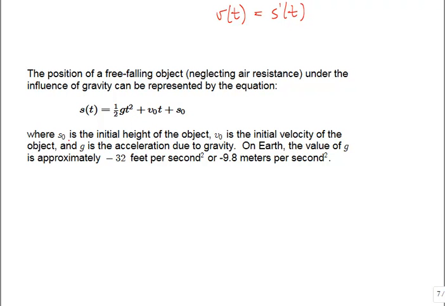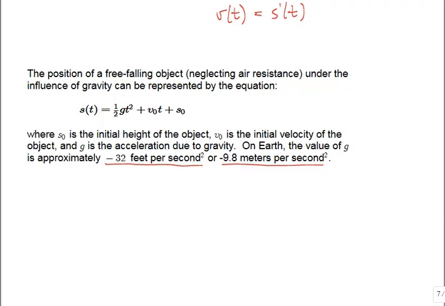S sub 0 is the initial height of your object, v sub 0 is your initial velocity of your object, and g would be acceleration due to gravity. You've probably heard of g forces before. That's that same g. Now, depending on what units you're using, on Earth, the value of g is negative 32 feet per second squared if you're using those units, or negative 9.8 meters per second squared if you're using international units.